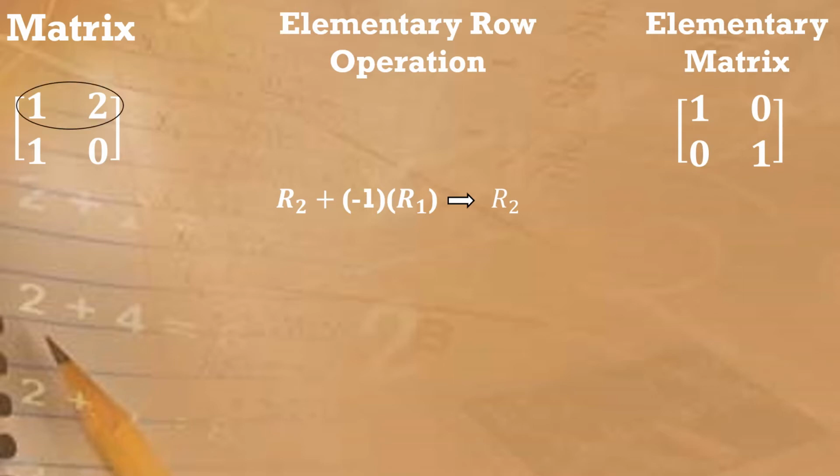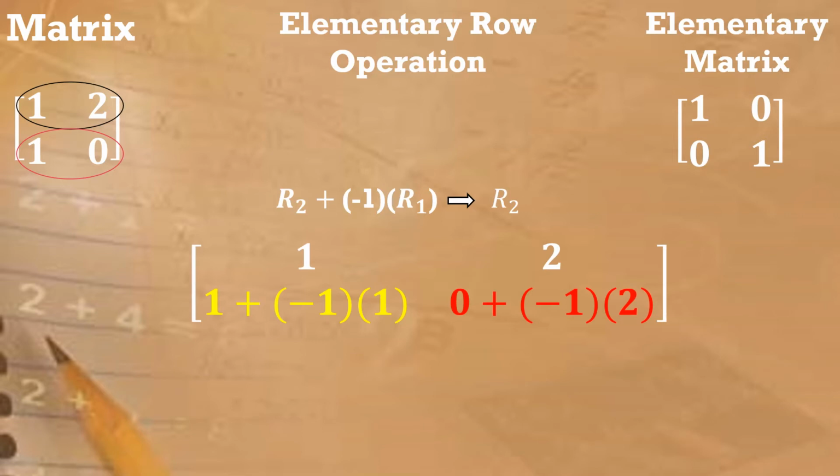So this is our row 1 and this is our row 2. So 1 plus negative 1 multiplied by 1, and 0 plus negative 1 multiplied by 2, equals 1, 2, 0, negative 2, with our newly formed row 2.